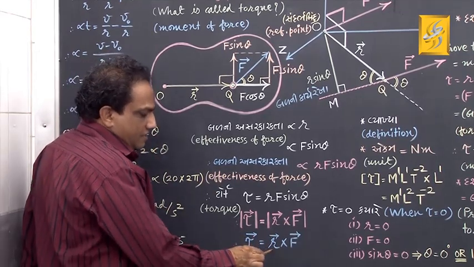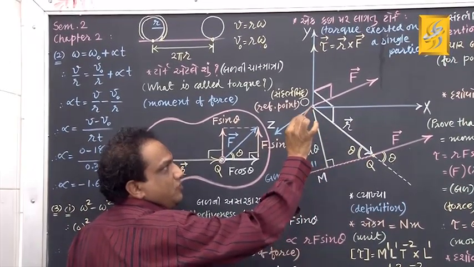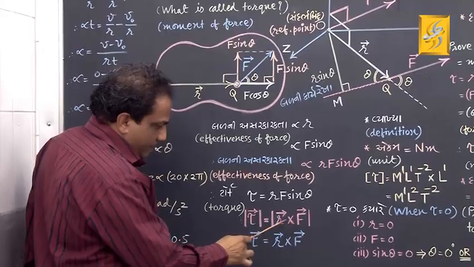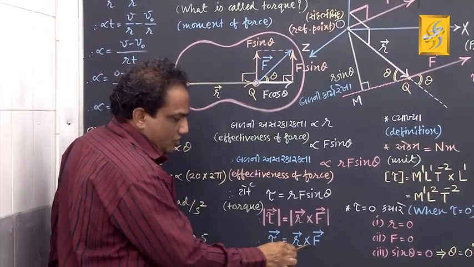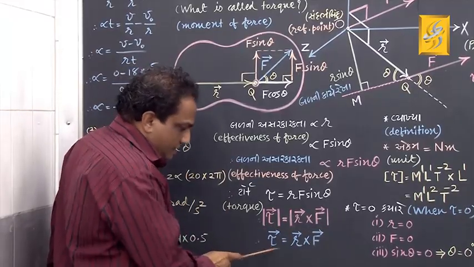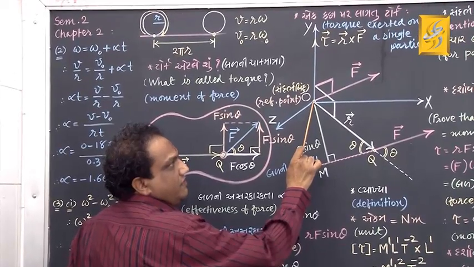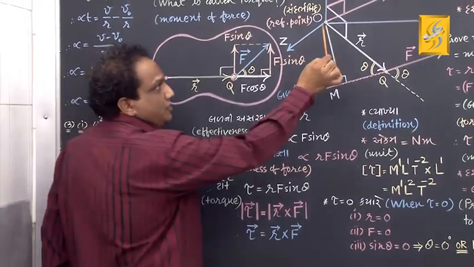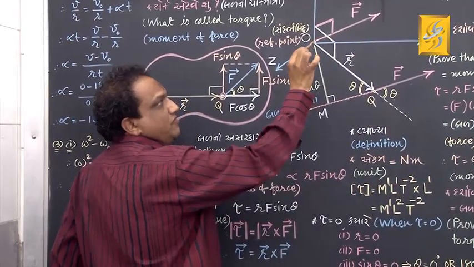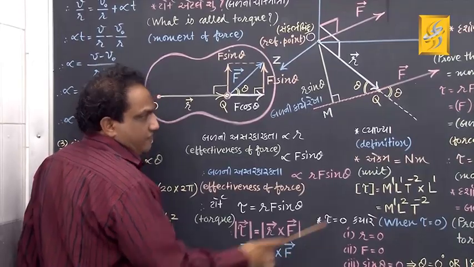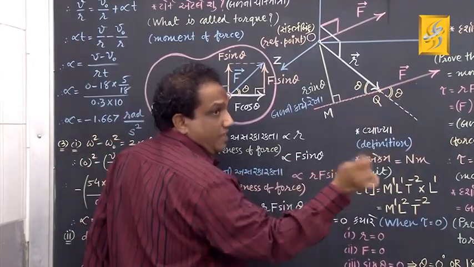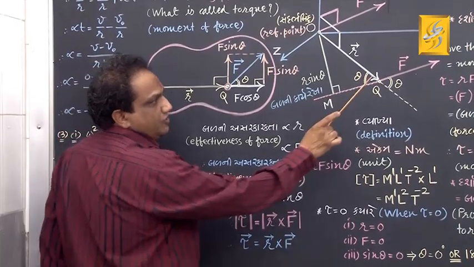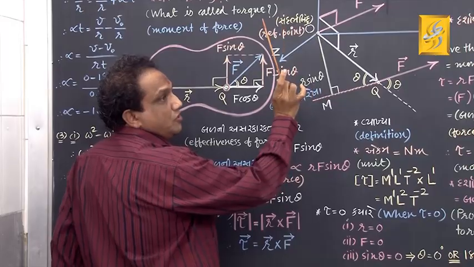If vector R is the position vector of a given particle with respect to a given reference point, and if vector F is the force exerted on it, then the vector product, vector R cross vector F, is called torque exerted on that particle with respect to that reference point.